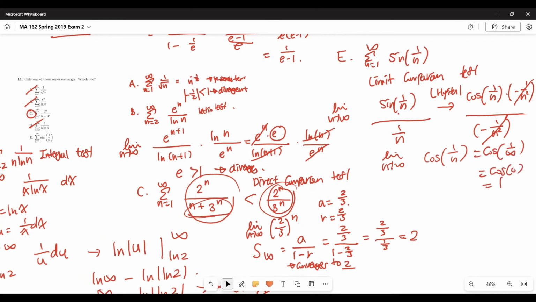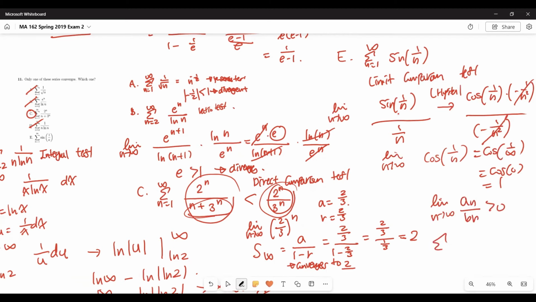So this thing goes to 1. Oh, my handwriting is bad. The limit as n goes to infinity of a to the n over b to the n is greater than 0, so it works for that.